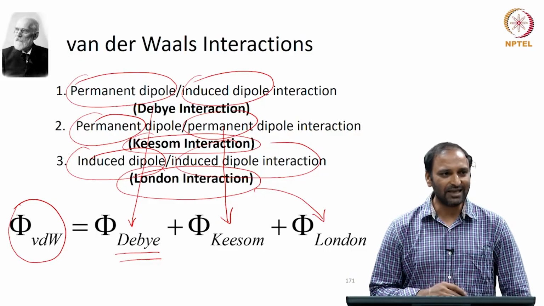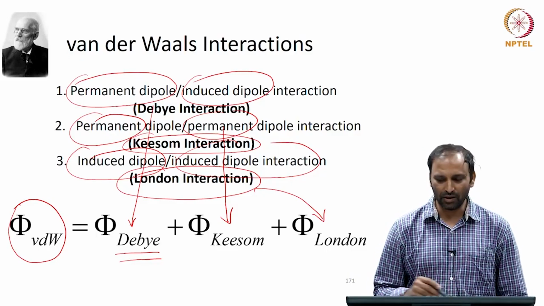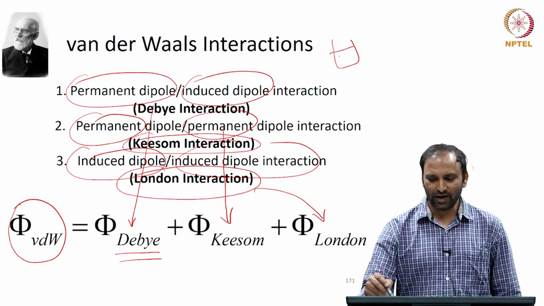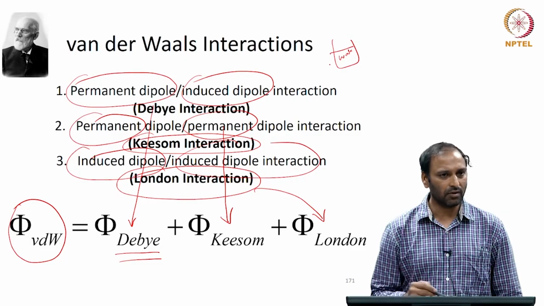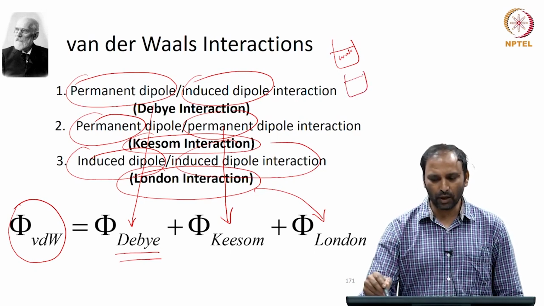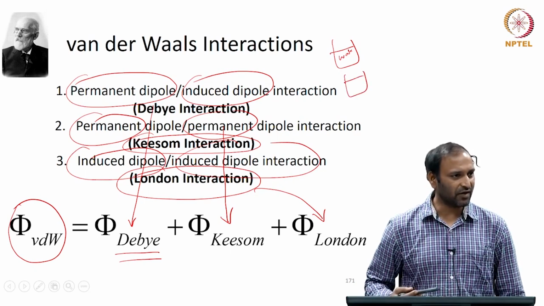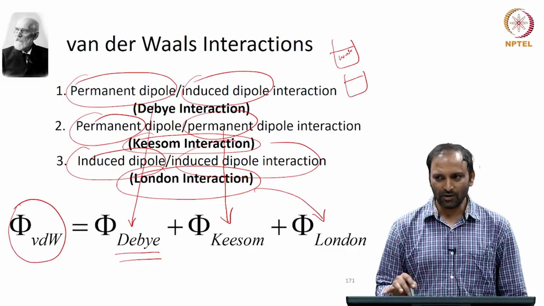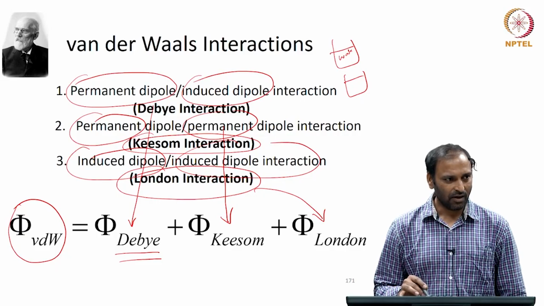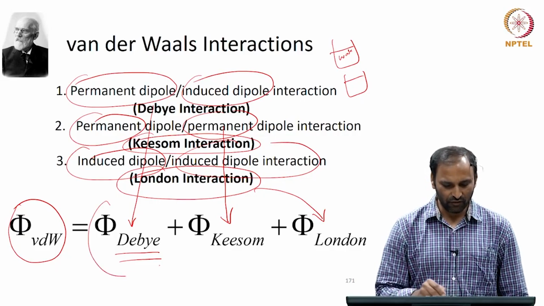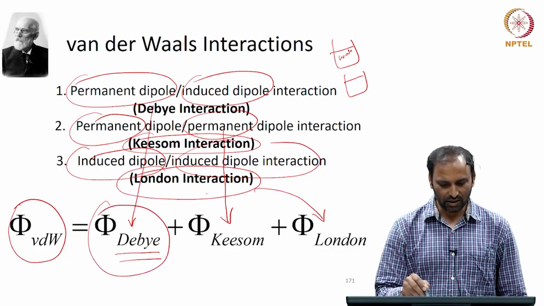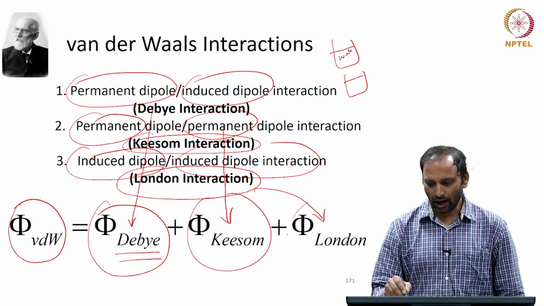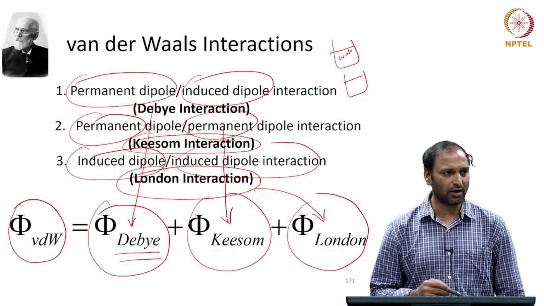Okay, you take any material, say a container with water, or any liquid or any condensed phase, and you will see that there will always be van der Waals interaction. This interaction is a combination of the Debye interactions, Keesom interactions, and London dispersion forces or London interactions.